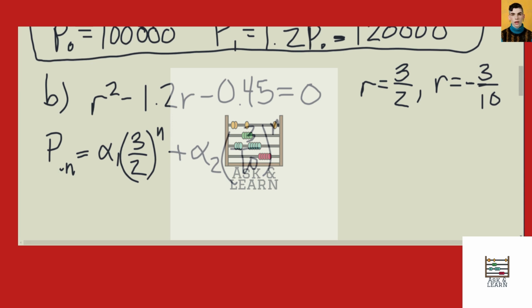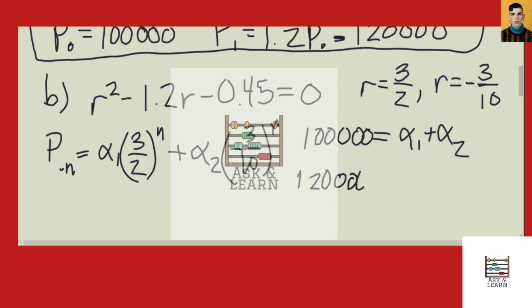And using our initial conditions, we have that 100,000, which is P0, is equal to alpha 1 plus alpha 2, and we have that 120,000, which is P1, is equal to 3/2 alpha 1 minus 3/10 alpha 2.